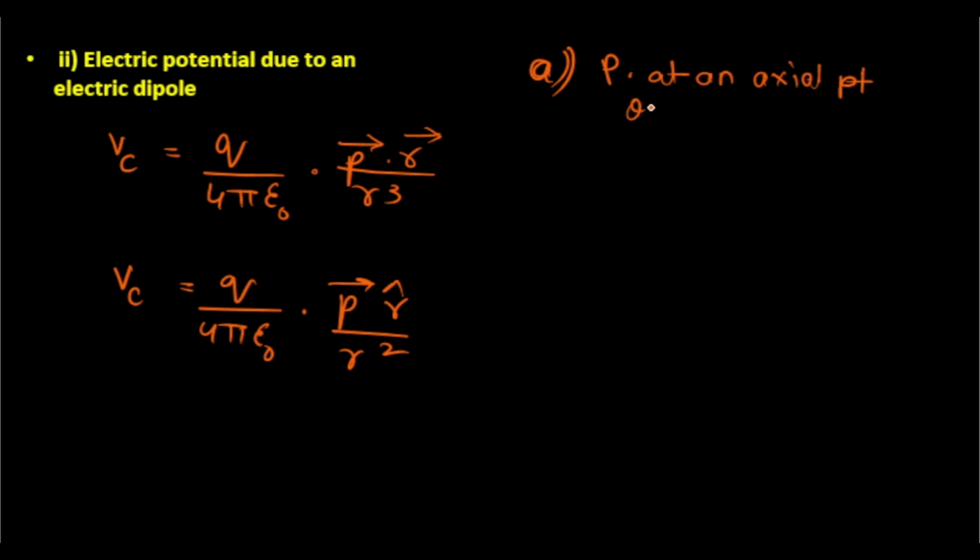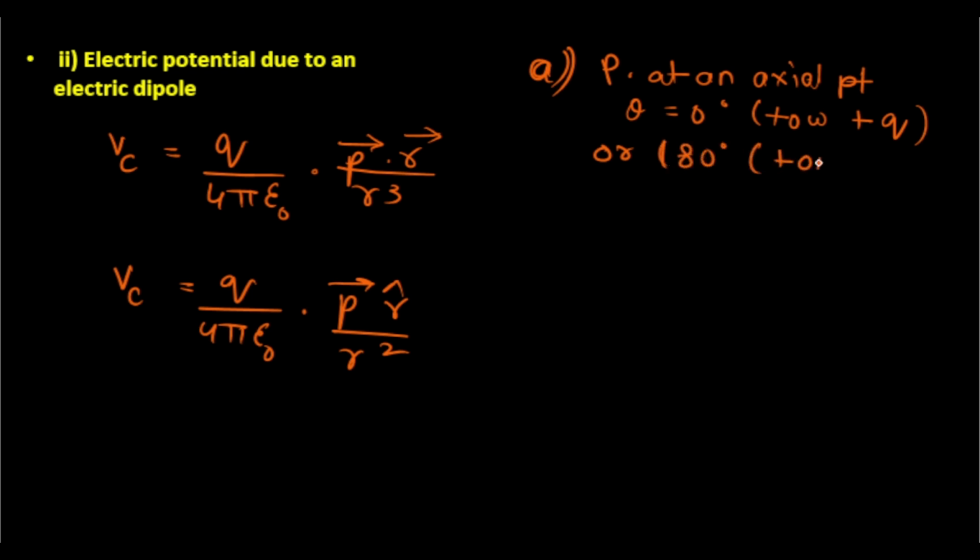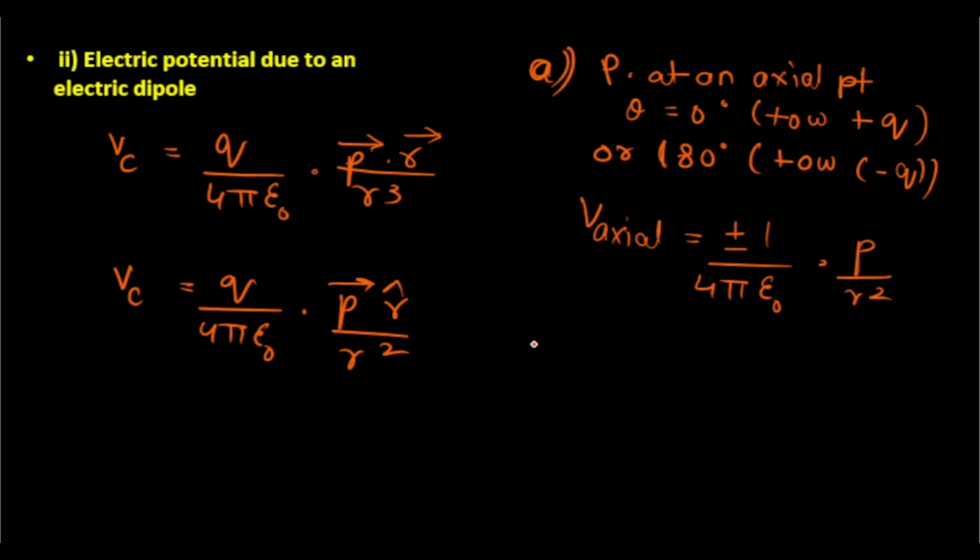It means theta is 0 degrees towards plus q, or 180 degrees towards minus q. So V at axial = ±1/(4πε₀) × p/r².